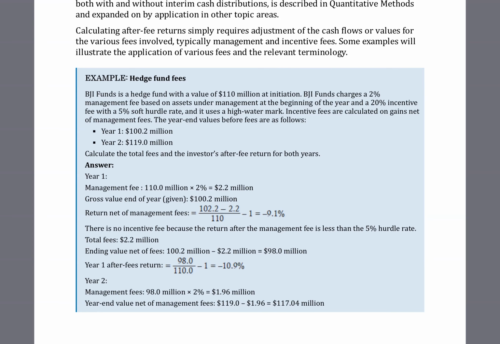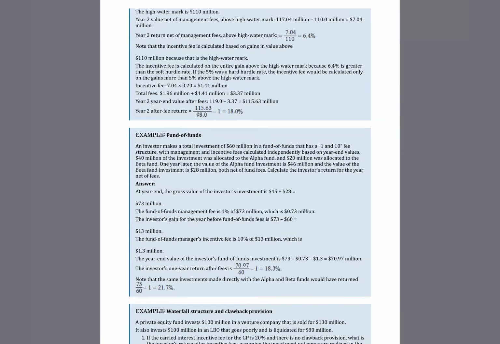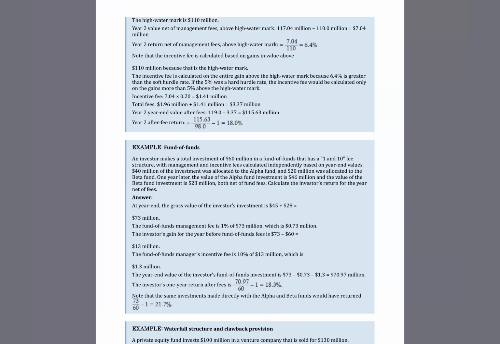But closing the period, you got 119 million. If I subtract 1.96 from it, I get 117.04. Okay, that is the year-end value net of management fee. Then the next thing is the high water mark is 110 million, because that was the amount I gave to you to start the business with.